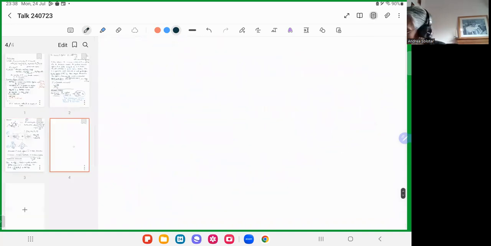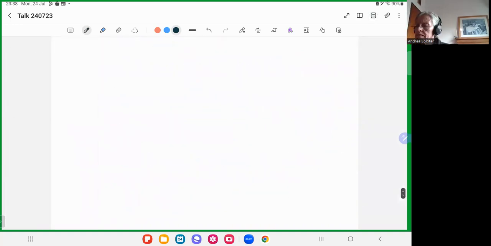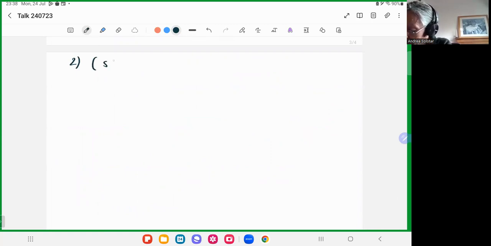But we may have more elements in HH0, and so the second family of elements is going to be the source of path alpha and the path alpha, such that the path alpha is not 0, so it is in the basis.